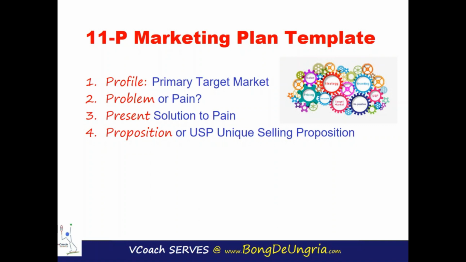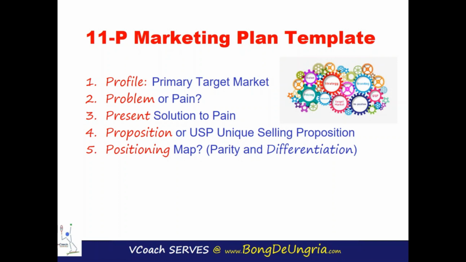To be able to see where you are versus the other choices of the same customer, you need to position yourself as far as parity and differentiation. To know if it's big enough to matter and small enough to handle, you will need to put an estimate of the market size in pesos so that you can properly put the expenses and budget and activities in perspective.